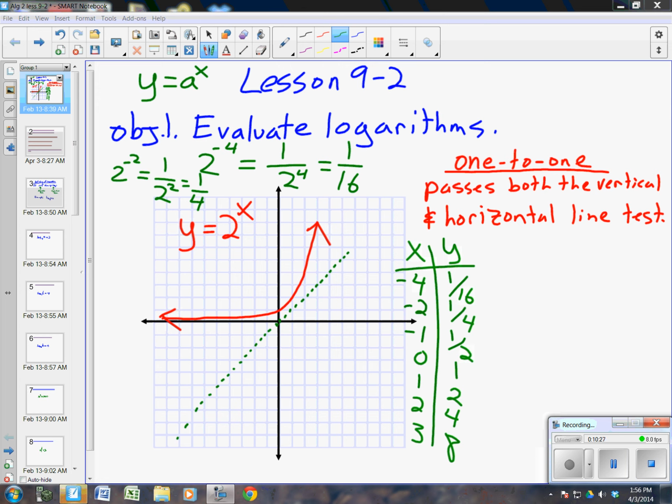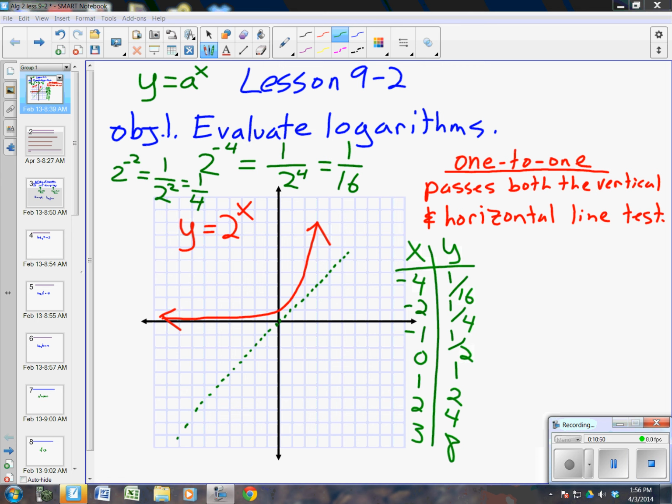Now what we're going to do is find an inverse of this. Everybody write this down in your notes. The inverse of the exponential function is a logarithmic function. Oh, so all we had to do was put 1 over... No. Inverse is not a reciprocal.